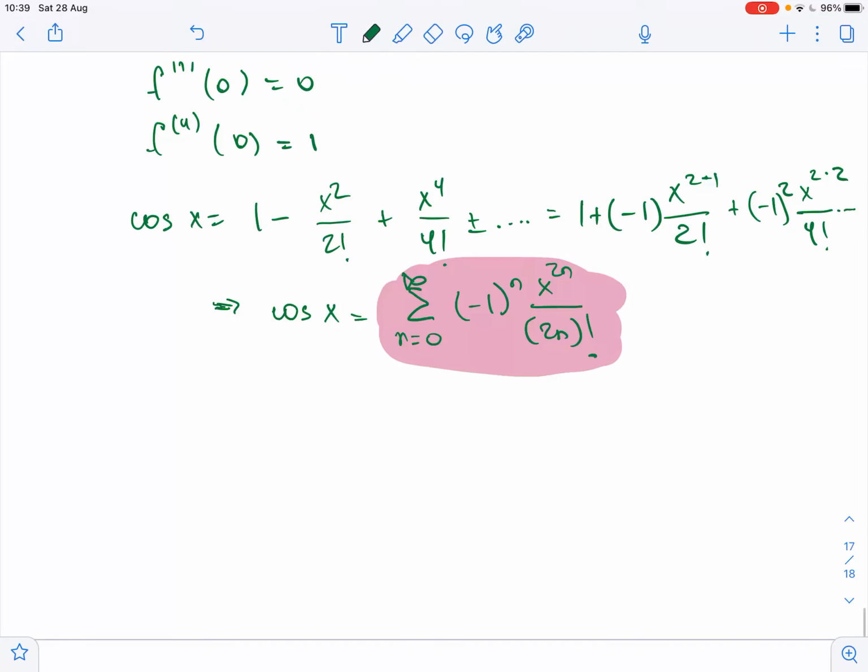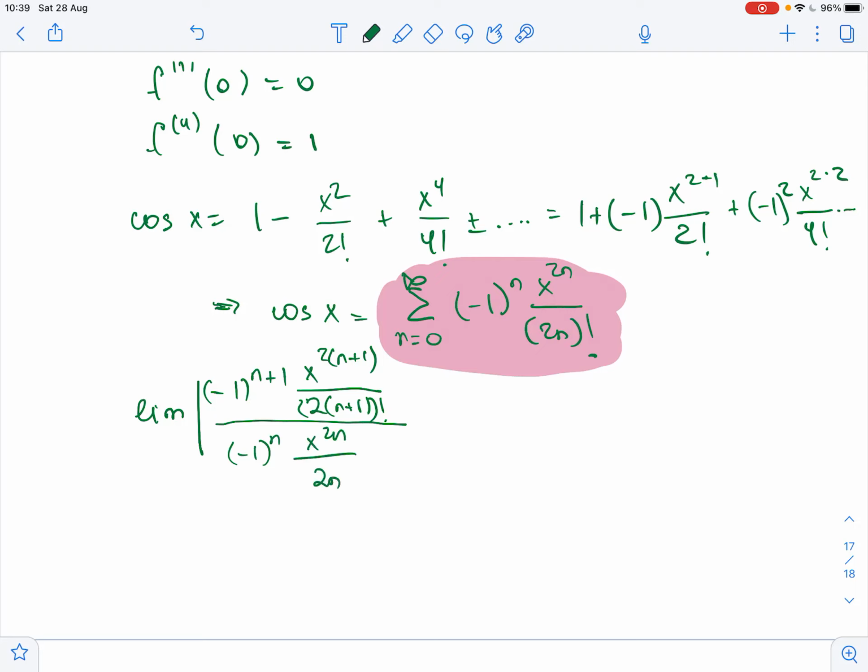Well, now let's use a ratio test for radius of convergence. So the limit of -1 to the power of n plus 1 times x to the power of 2 times n plus 1 over 2 times n plus 1 factorial over -1 to the power of n times x to the power of 2n over 2n factorial, and n approaches infinity.